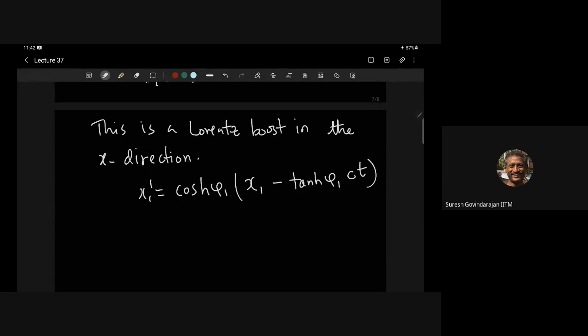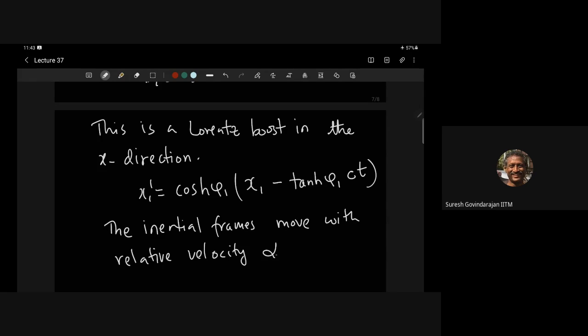If you look carefully, you can even argue what this says. It says that the inertial frames move with relative velocity proportional to tanh of phi, of course along the x direction.